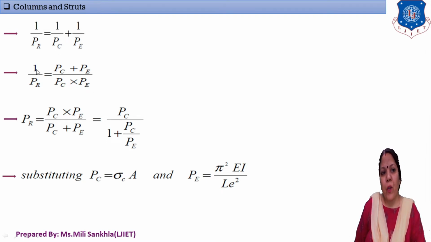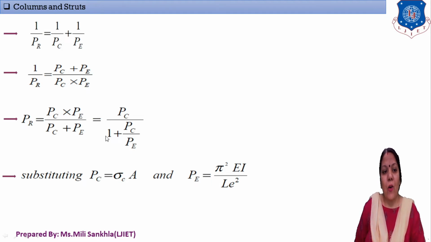Now 1 by PR is equal to PC plus PE, where PC is the crushing load and PE is our Euler load, and PC into PE is our LCM. Now reverse it, PR in the numerator and this term PC into PE divided by PC plus PE. Simply, this is the derivation of the Rankine load.